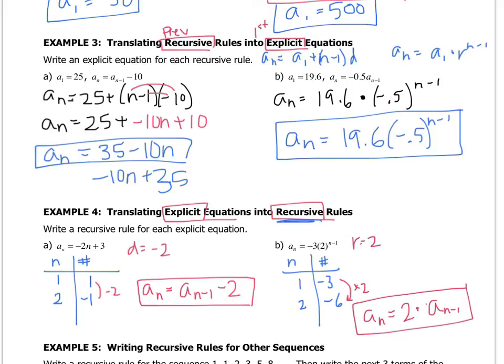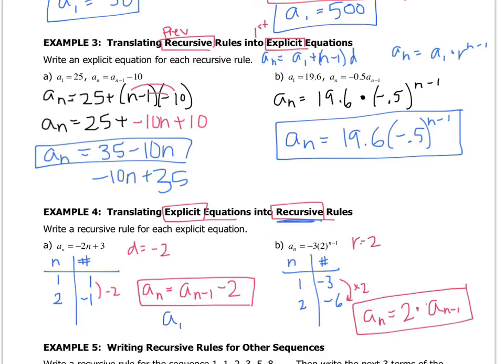Now, when you have recursive rules, again, like I said in example 2, you need to tell the person where to start. In explicit sequences, you can start at n equals 1 and plug in your values, but because recursive rules depend on the term that came before it, you have to at least tell the person what term to start with or what the value is.